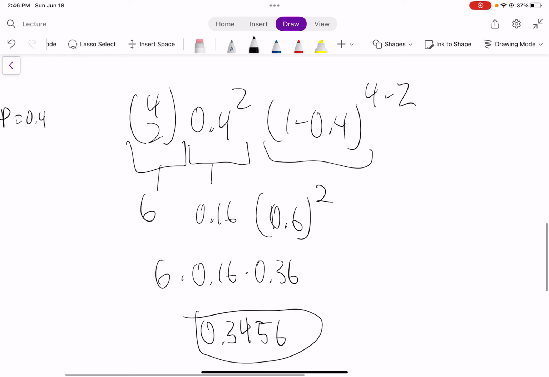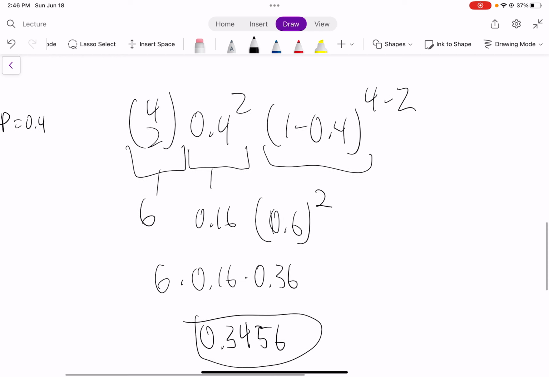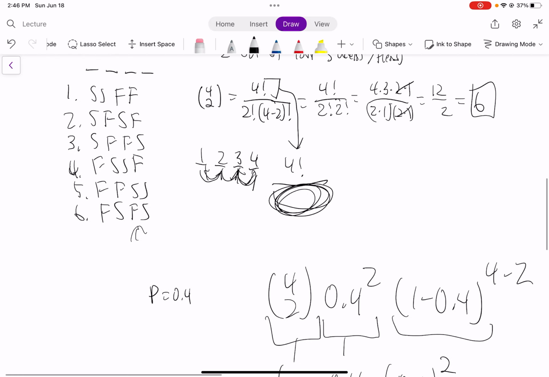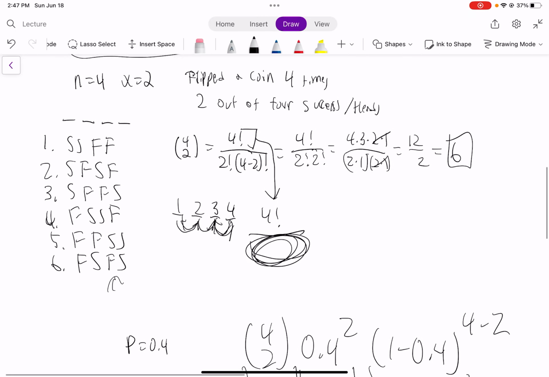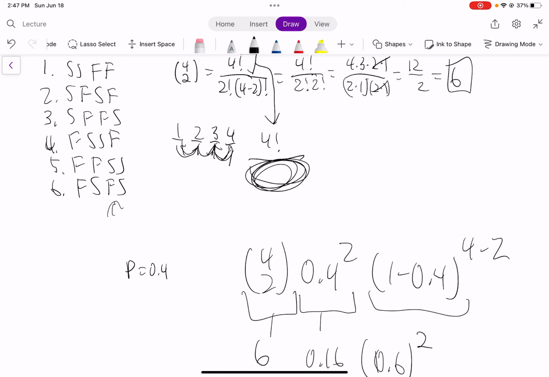So at the end of the day, what does this calculate? If you don't think about it, you don't really realize what you're calculating. So let's just say we're flipping a coin. In statistics, we don't usually know what p is. We're usually trying to estimate p, but let's just say in probability terms, we know p is 40%. So we know what p is, so we can plug it into the equation.